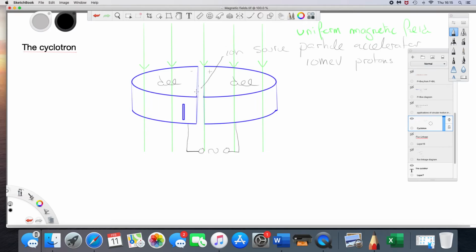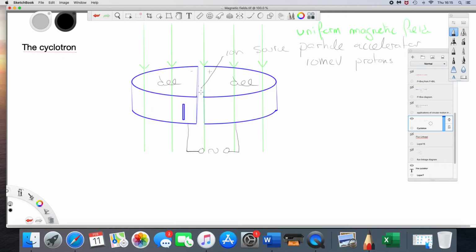Using Fleming's left-hand rule, we have the field down the page. We have the positive ions being accelerated to the left. And so the force will be this way, towards me, out of the page. So my particle is going to perform a circle.